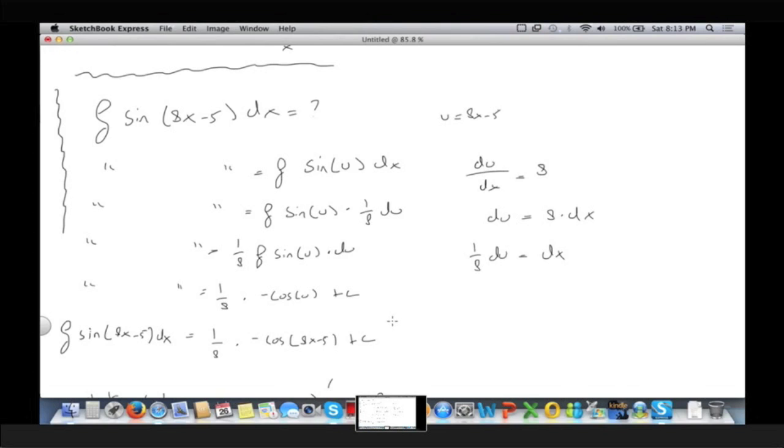Well, I regarded this as a little bit different because in the past, the derivative has usually involved x in some way. Here, the derivative was just a constant, right? The derivative of 8x minus 5 is just 8. That doesn't actually have to appear in the integral because it's just a constant. It does appear up to a constant multiple because 8 times 1 is 8.